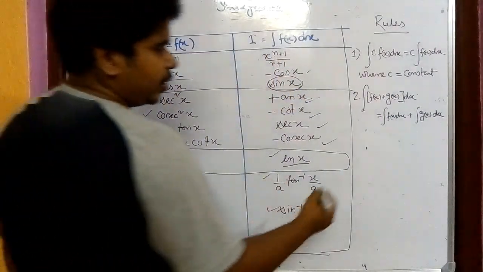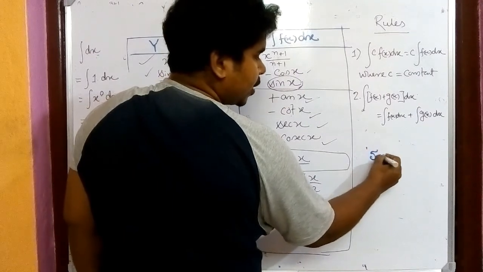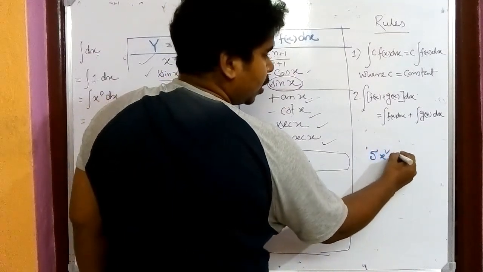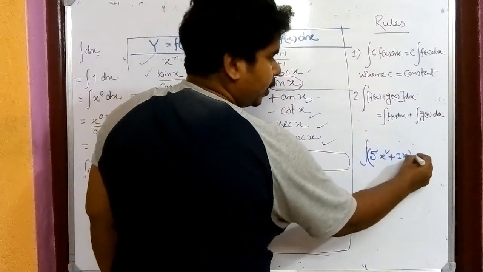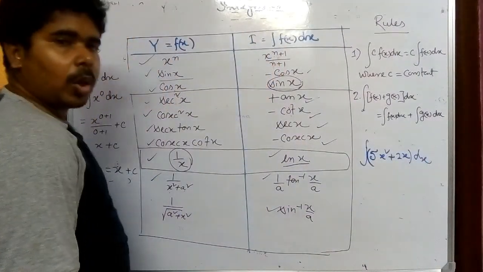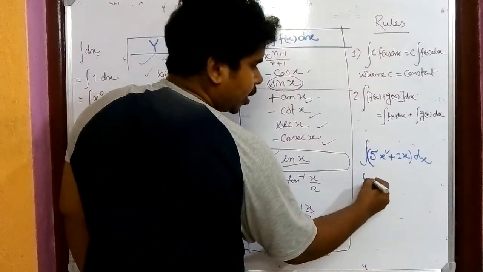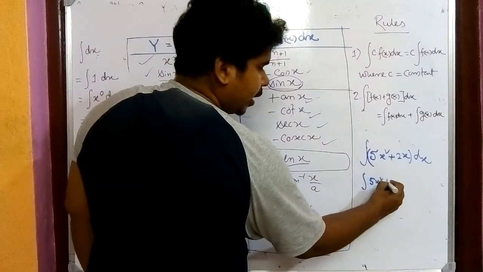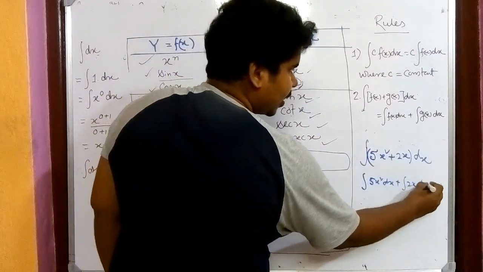Assume two functions are given, just like 5x square plus 2x, integration of dx. We have to separate it: integration of 5x square dx plus integration of 2x dx.